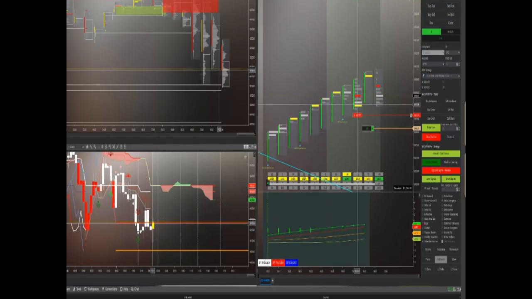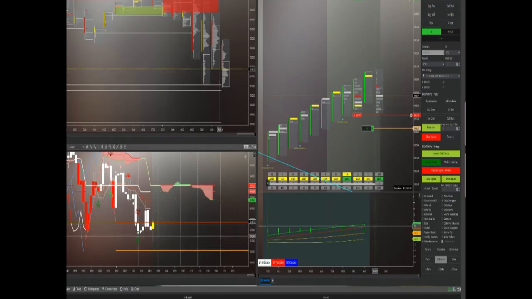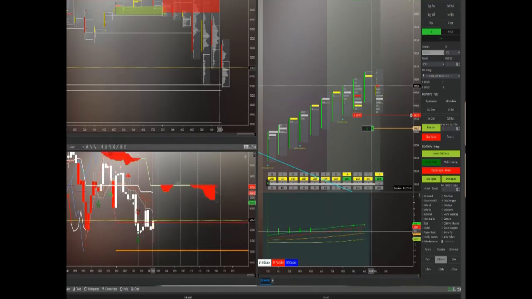Buyers right here. If they get broken, we'll get out. If they can hold it, we'll hold on to the position. There's still room to the upside on the lower B4.